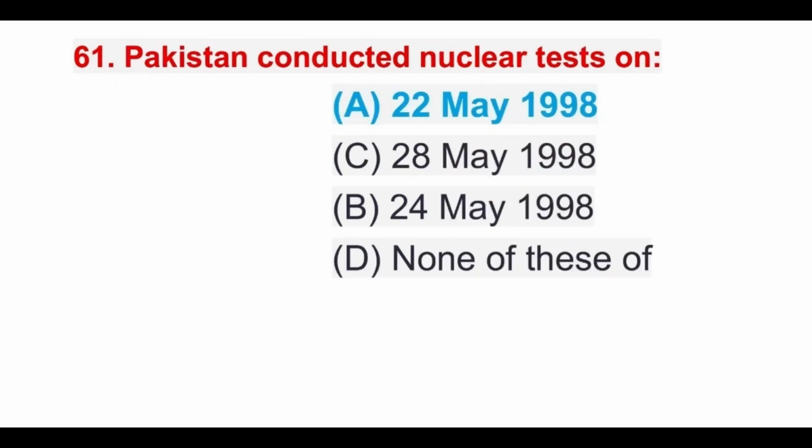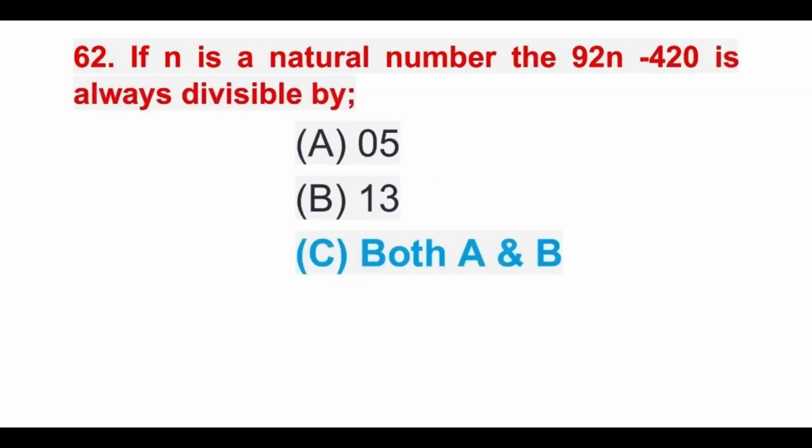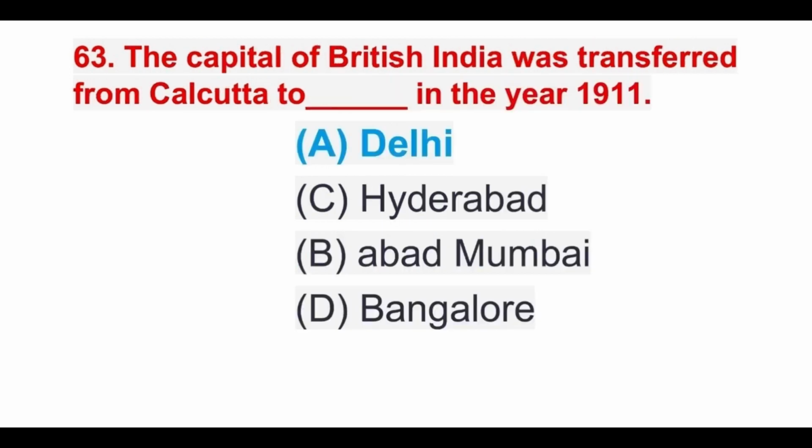Question number 61. Pakistan conducted nuclear tests on. That answer is 22nd May 1998. Question number 62. If n is a natural number, then 92 and 420 is always divisible by. That answer is 0, 5 and 13.